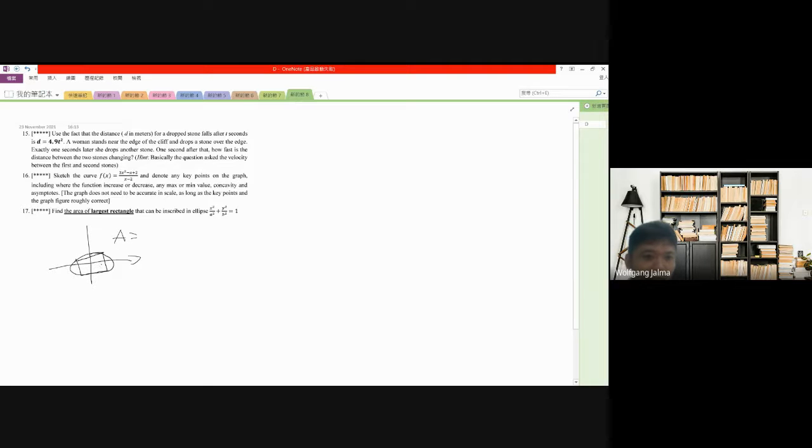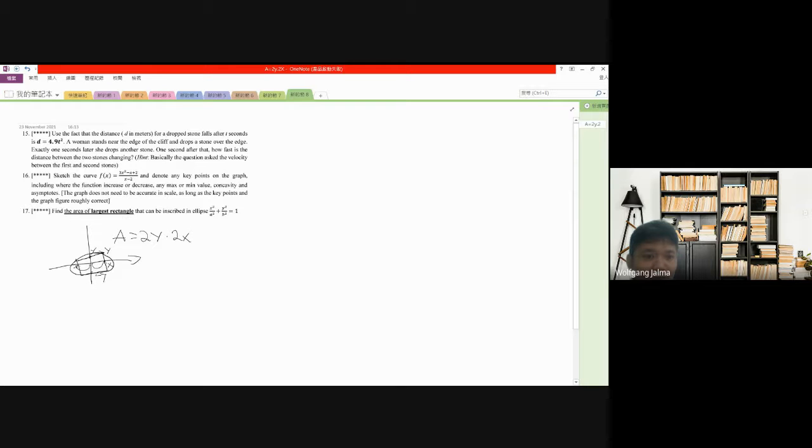I think 2y times 2x, because if this is x and this is y, we have x to the right and this is negative x, and we have positive y here and negative y here.